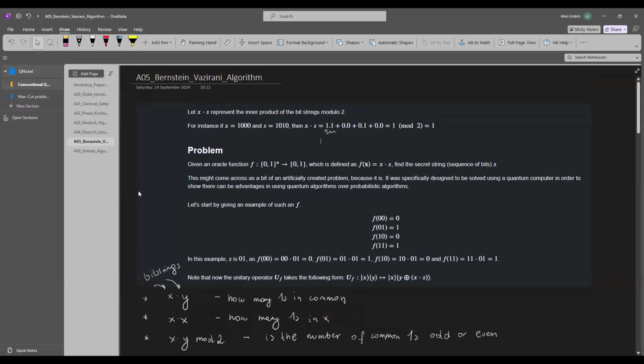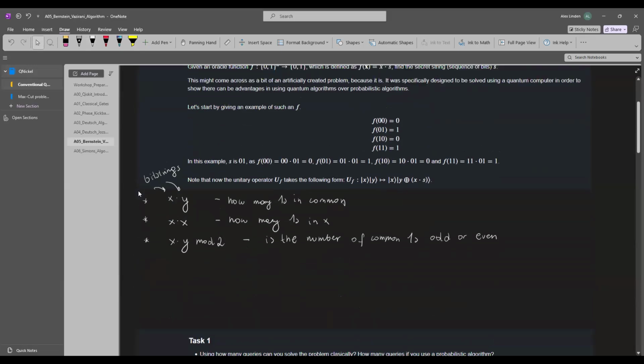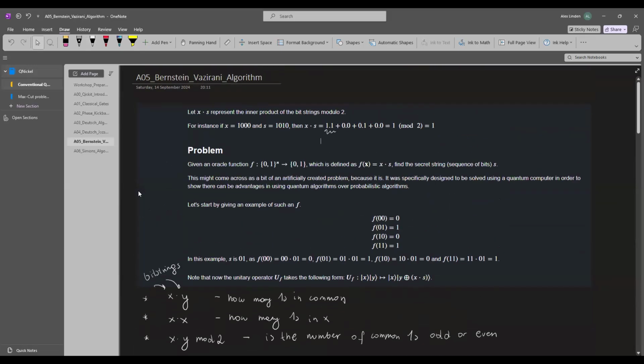So let's go through an example. So n is equal to, and we just assign some zeros or ones to the output.